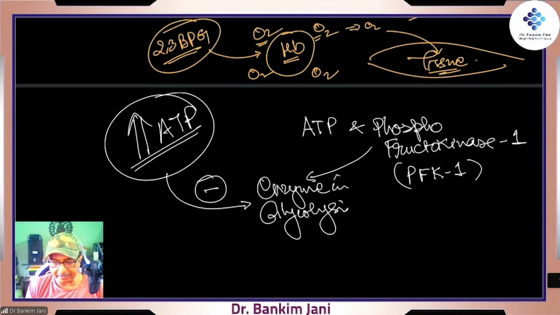That means ATP and phosphofructokinase have a negative allosteric effect. More ATP inhibits phosphofructokinase so less energy is produced. It will not act on glycolysis, so less energy is produced. That is how this goes.